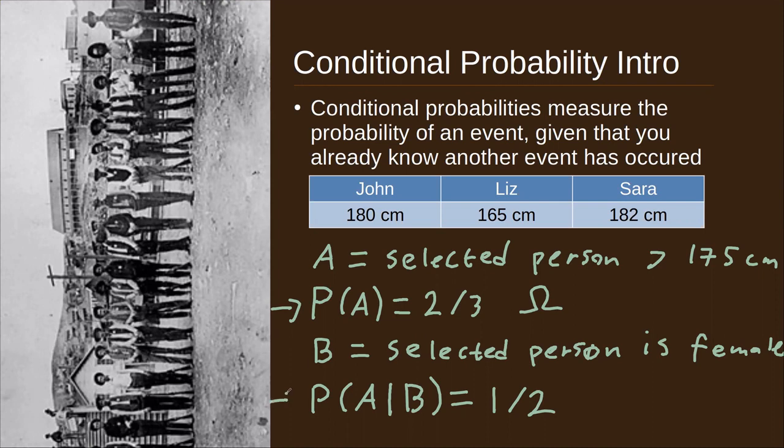But in this second computation down here, we restricted ourselves to the sample space of women, which is a smaller sample space, namely B, which is a subset of omega. And in this restricted subset of the sample space, we saw that the probability was lower. And this is the general concept that is used in conditional probabilities, which is also why we need set theory in order to give a proper definition.